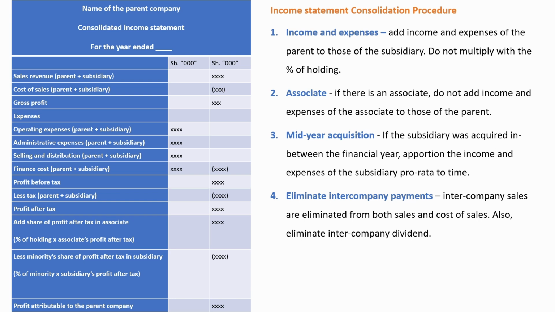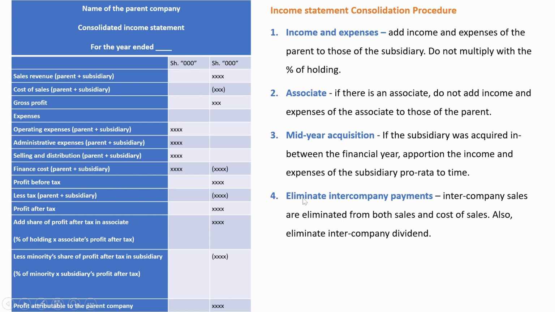If the financial year begins on January and ends on 31st December, the acquisition takes place on 1st July. It means you have to take only half of the income and expenses of the subsidiary because we had 6 months remaining to the end of the financial year. So that is the main adjustment that is supposed to be made during the consolidation process.